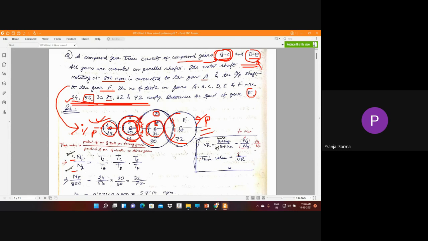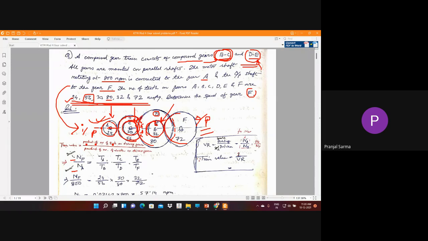And what are the driving gears? Because we need the product of the number of teeth on the driving gears, all those driving gears. So which are the driving gears? A is driving B. Now C is in mesh with D, so C becomes once again the driving gear for D. Also E is driving F. So TA into TC into TE divided by the driven gears.